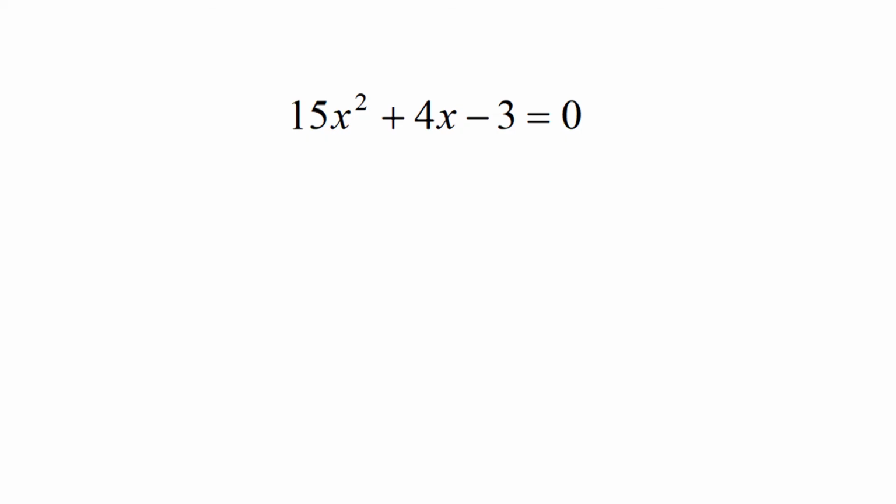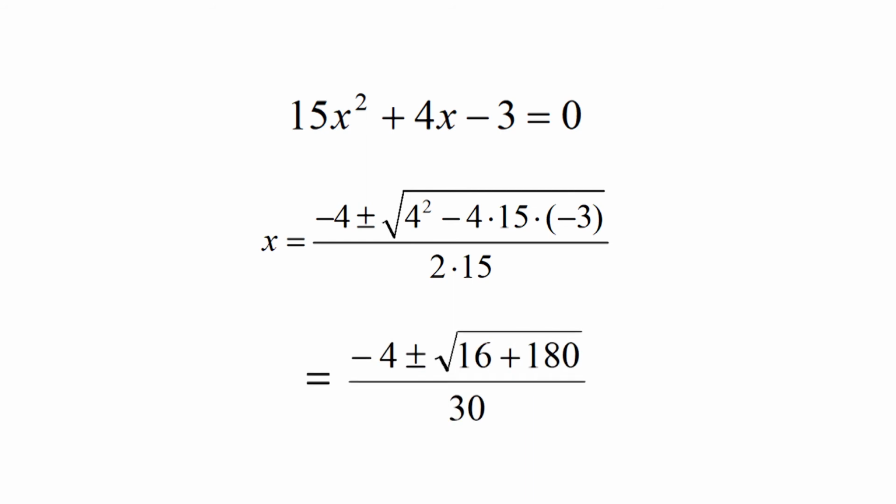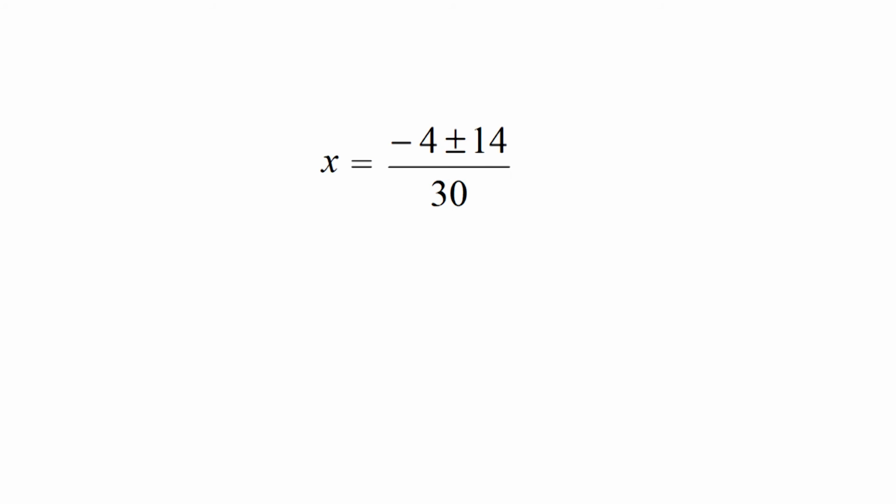Now, f'(x) = 0 implies 15x² + 4x - 3 = 0, which is a quadratic equation whose roots are x = (-4 ± √(4² - 4 × 15 × (-3))) / (2 × 15), which is equal to (-4 ± √(16 + 180)) / 30, which is equal to (-4 ± 14) / 30, which is equal to -3/5 or 1/3.